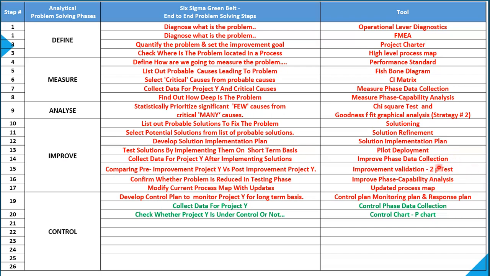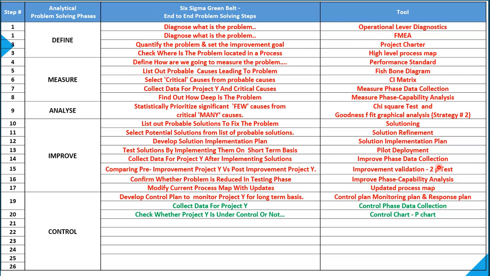Once that is done, we are open to scale up those solutions for longer period of time or for ongoing purpose, for day-to-day, regular basis implementation of those solutions.